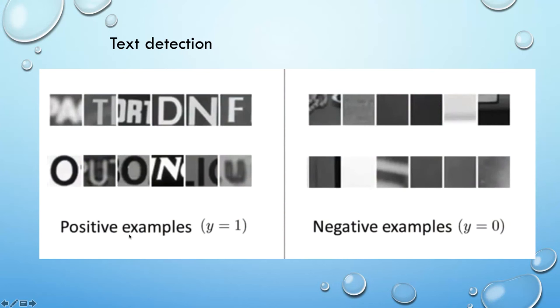Positive examples are something like this, with characters in them. That is the text we want, the thing we are looking for. And this kind of set is something we are not looking for. So we say this is the negative example, which is 0, and this is the positive, what we are looking for, which is 1.